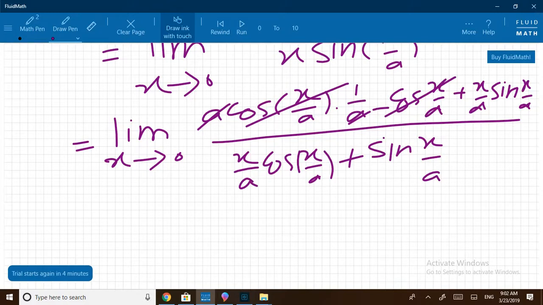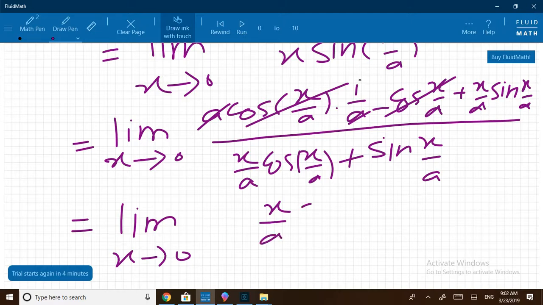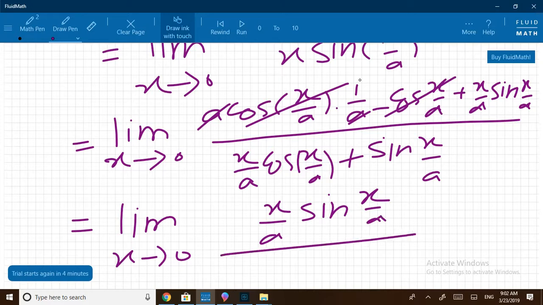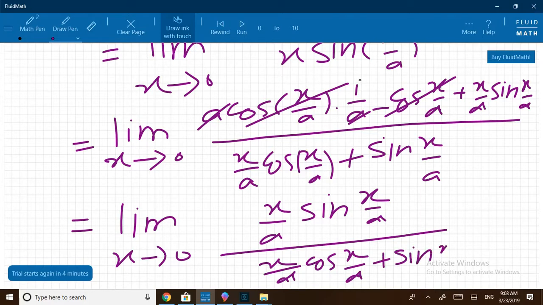Now this is equal to the limit as x approaches 0 of x by a sin of x by a divided by x by a cos of x by a plus sin of x by a.